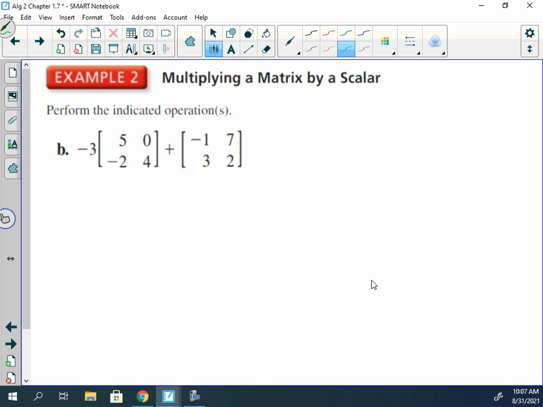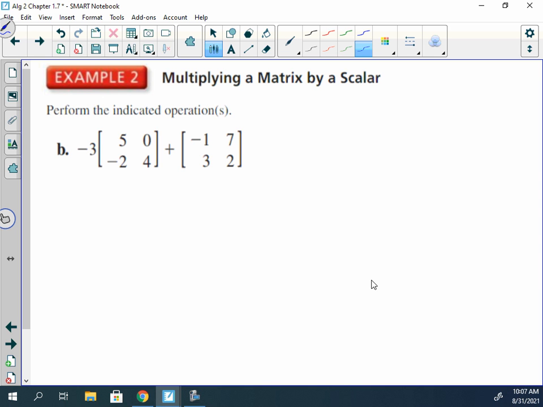Now the other thing is we can actually combine the scalars and addition and subtraction together. So when we do this here, we always want to apply the scalar first. Now, multiplication before addition or subtraction.